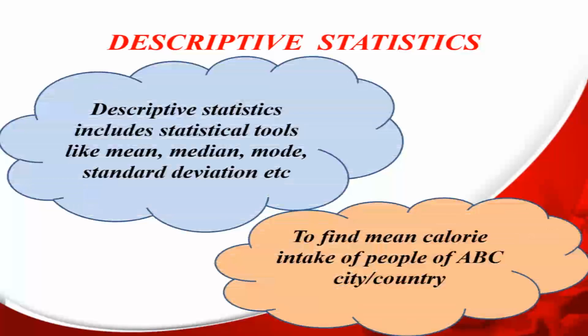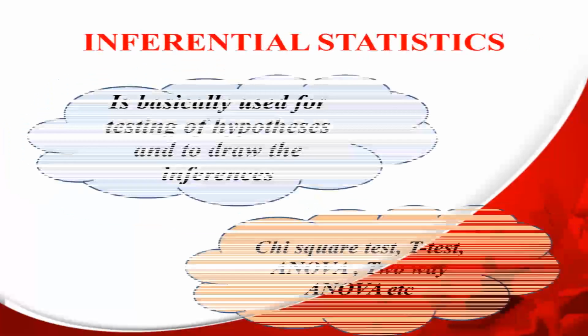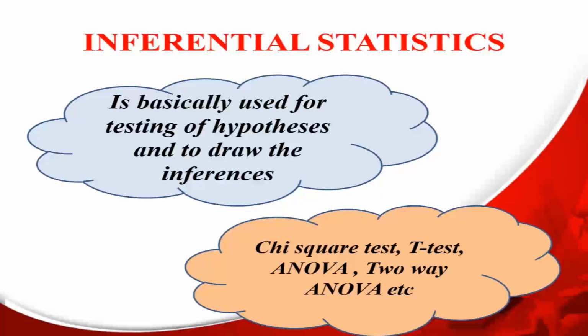Descriptive statistics include statistical tools like mean, median, mode, standard deviation, etc. Inferential statistics is basically used for testing of hypotheses and to draw the inferences. Statistical tools like chi-square, t-test, ANOVA, two-way ANOVA, etc. are examples of inferential statistics.